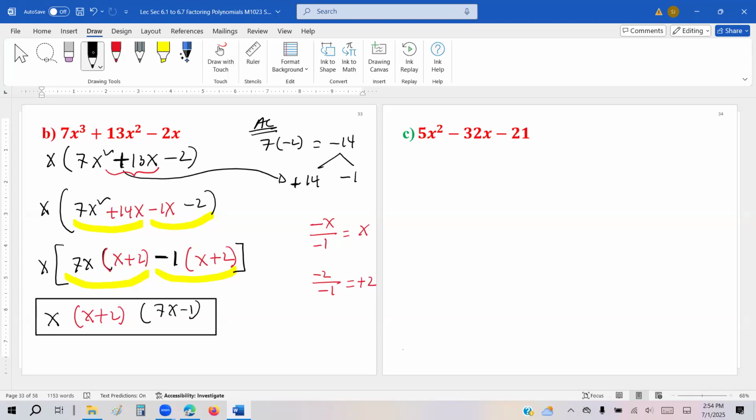Then we go to the second group. But the second group started with a negative. We don't want anything to start with a negative. So we factor out a negative because we want whatever remains to be positive. The negative comes from here, and then they have nothing in common. So when you have nothing in common, you have 1. It means you can divide anything by 1. So that's why we have this 1.